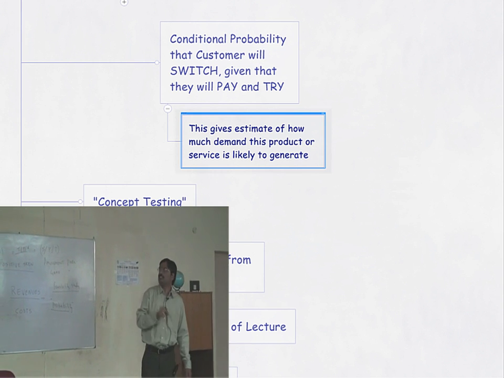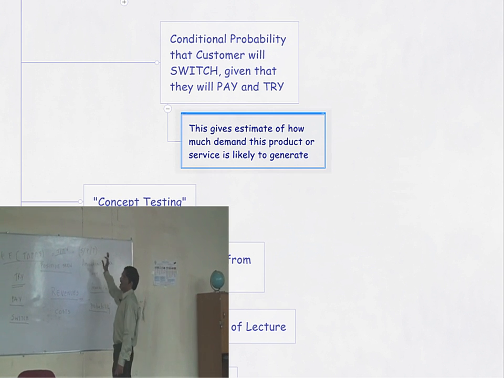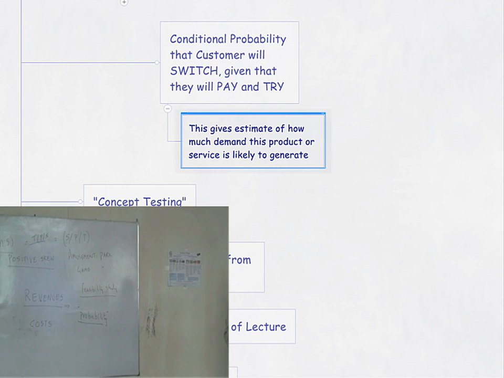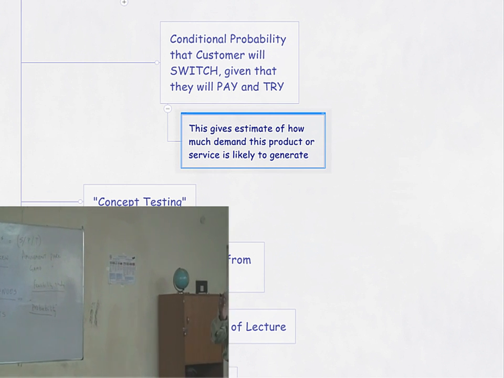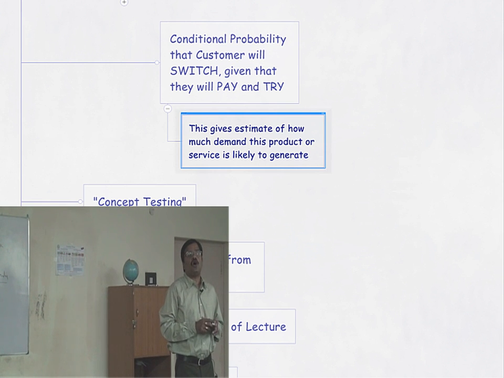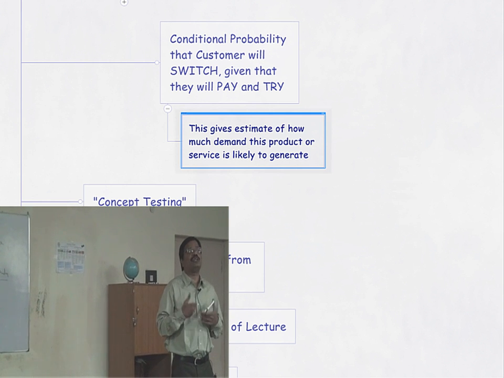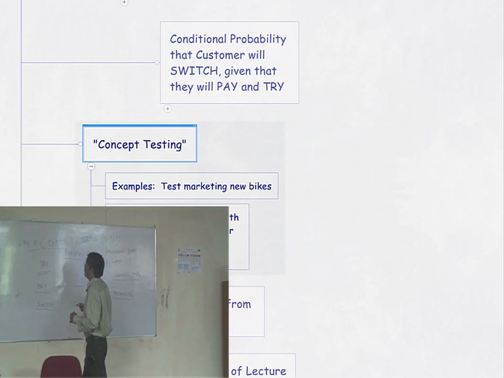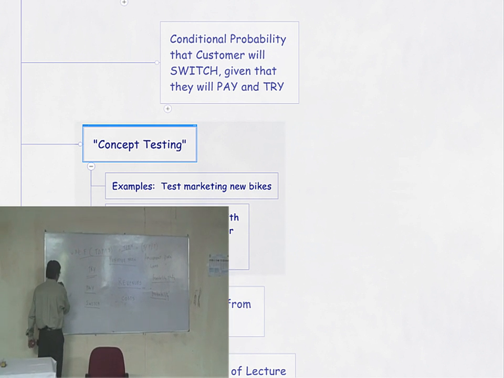Switch slash pay slash try. If I am able to calculate this conditional probability of try, pay, switch, I can get an estimate of how much demand this particular service, our product, is likely to generate if it is actually launched. This is what is called concept testing.